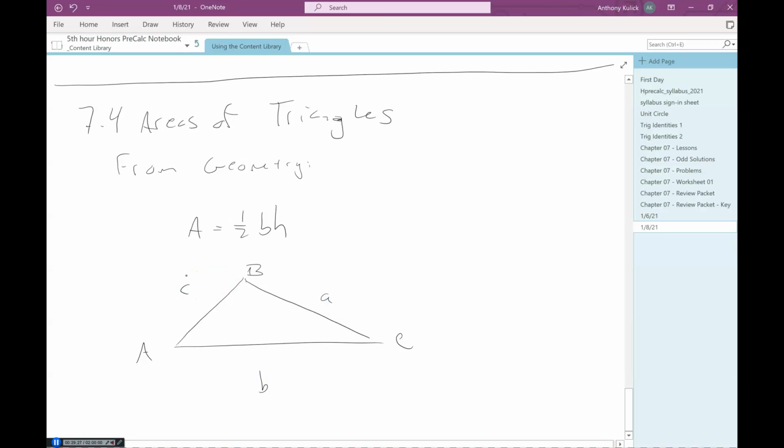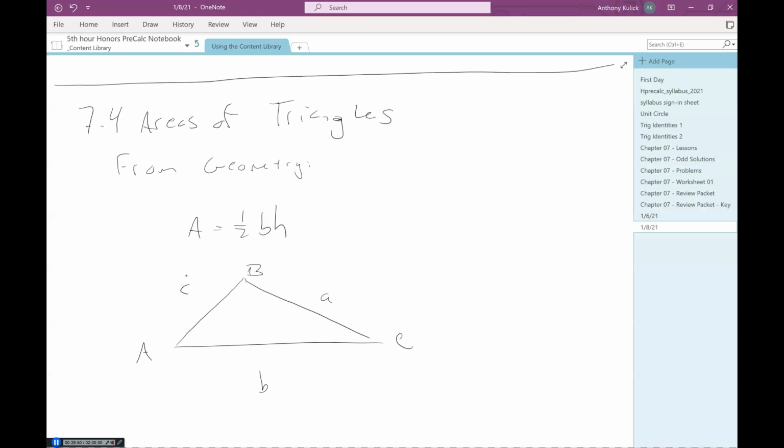It doesn't really matter, right? Any of the side lengths could be the base. But let's choose one to be the base for the sake of argument. Sound good? Which side makes the most sense to think of as the base? Probably B, right? Since it's on the bottom of the triangle anyways. Just from a visual standpoint, that feels the most natural to me.